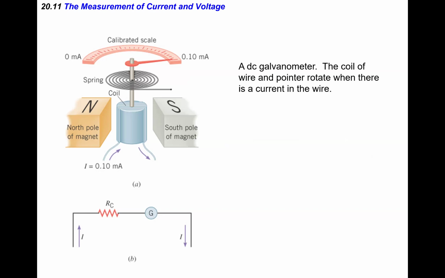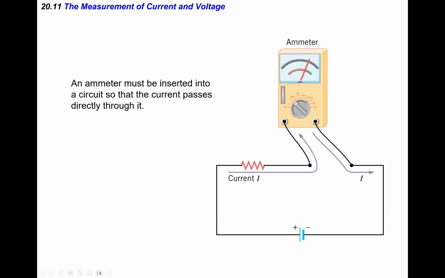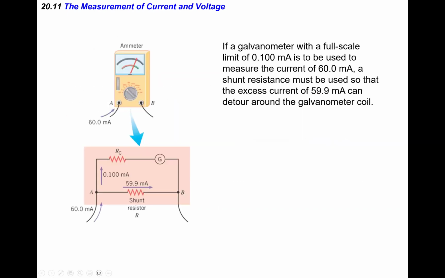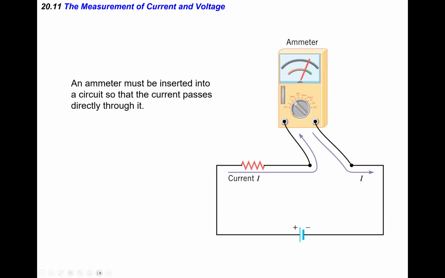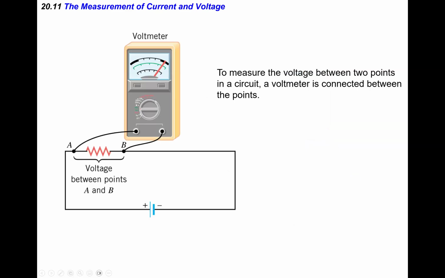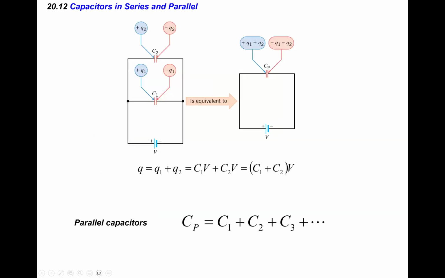We have an ammeter to measure the current, and a voltmeter to measure the voltage. So the ammeter should be connected in series with the circuit, and our voltmeter should be connected in parallel to the voltage. Okay, we did this in our lab, so you know how to do the connection.